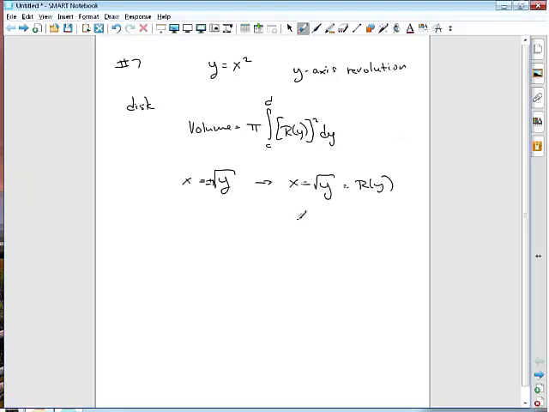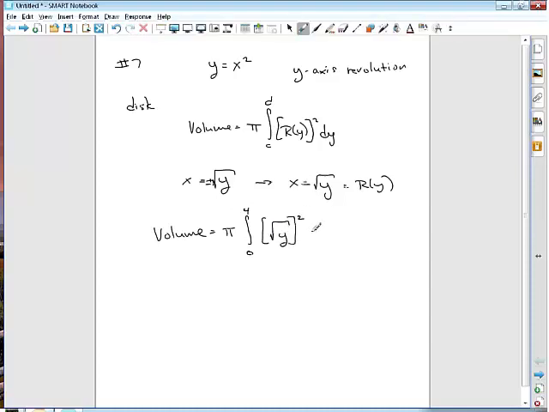You can also look at the graph and you can see that the y value varies between 0 and 4 on the y-axis. The x variable varies between 0 and 2, but we're rotating around the y-axis, not about the x-axis. So all we have to do is just plug in now. The volume is equal to pi times the integral from y equals 0 to y equals 4 of r of y, which is the square root of y.